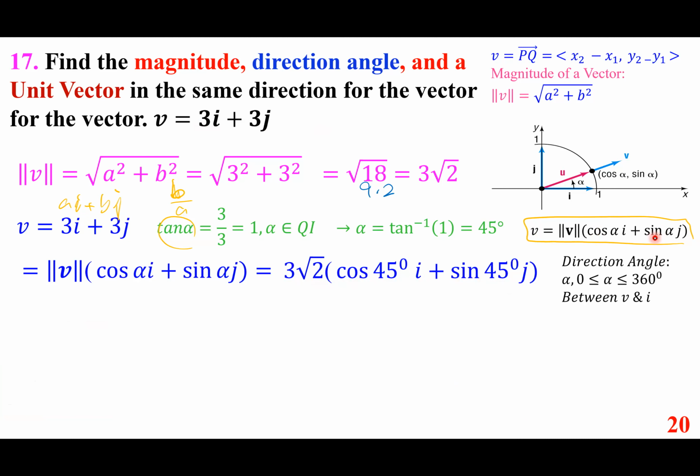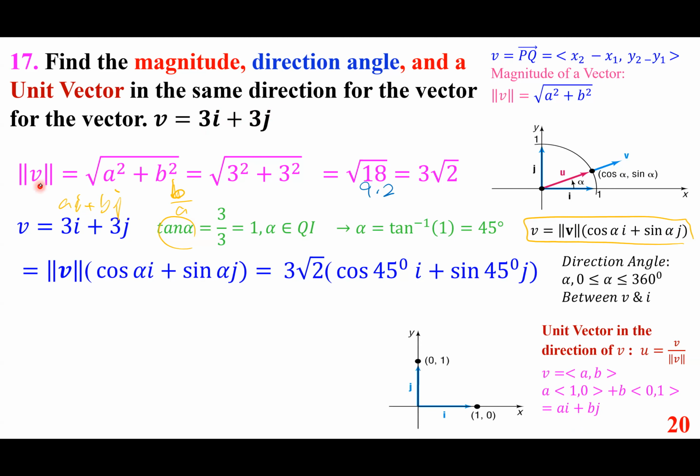A unit vector, by definition, in the same direction, all you have to do is divide the vector by its modulus or magnitude. So divide this by its magnitude. That's all you have to do. That's a unit vector.